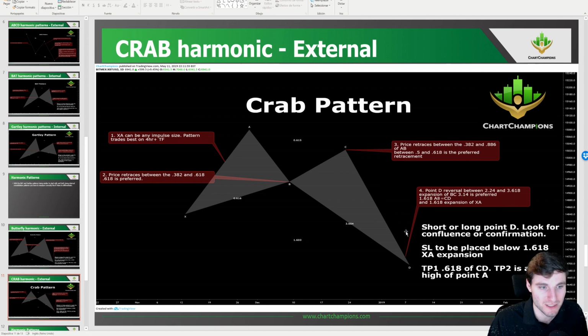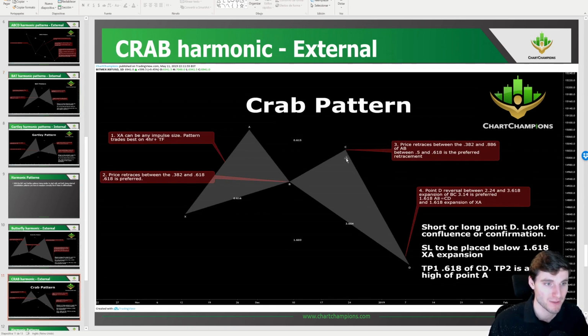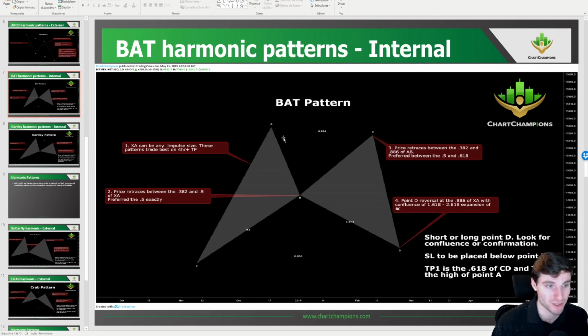You don't want to be longing something where the bear volume is increasing on the way down. If your bear volume is increasing, it's much more likely you're going to get a crab, and this is why volume is so important in trading. So basically on these consolidation patterns, you want to see the increase in volume.